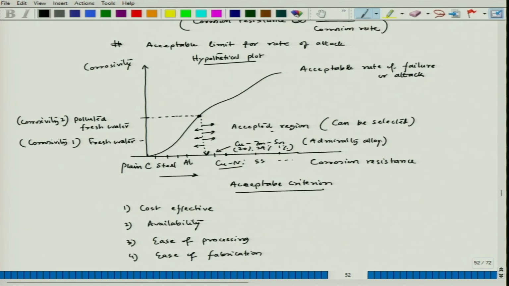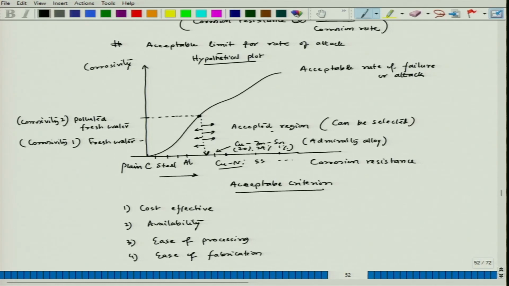This material can also withstand the corrosive nature of polluted freshwater. Now, we have two materials, one is copper nickel, one is copper zinc tin. Copper zinc tin would be much cheaper than copper nickel, because nickel is very costly. At the same time, for copper zinc tin the processing is not a problem. I think processing for copper nickel as well as copper zinc tin are almost on the same level, and fabrication part also, both can be fabricated quite nicely.